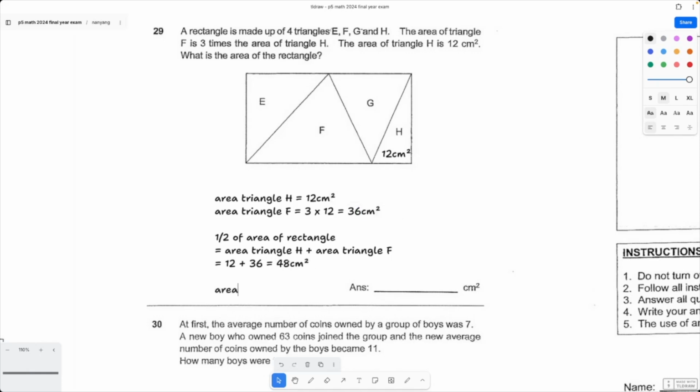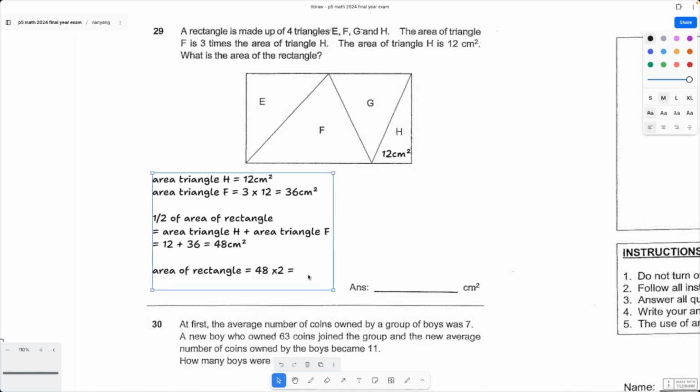So the area of the rectangle is equal to 48 times 2, which is 96 centimeters squared.